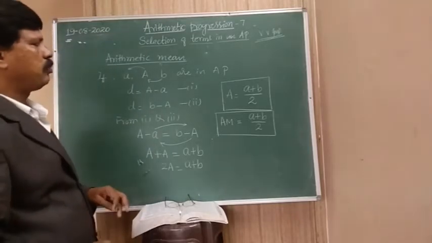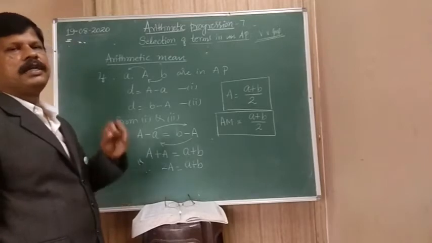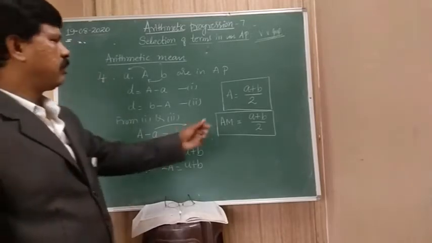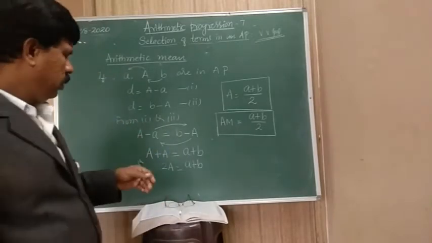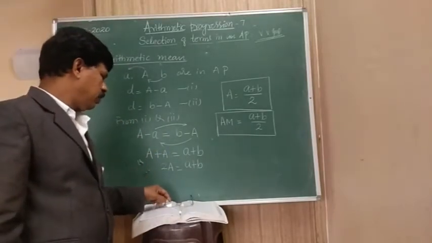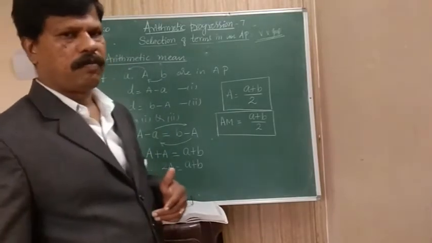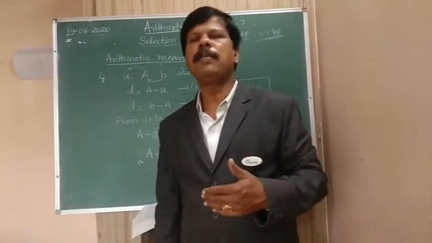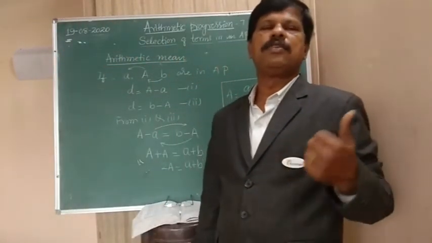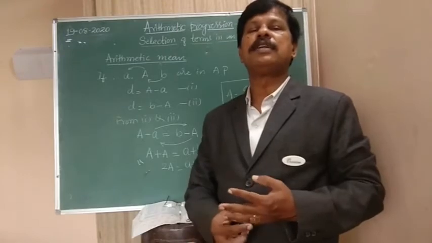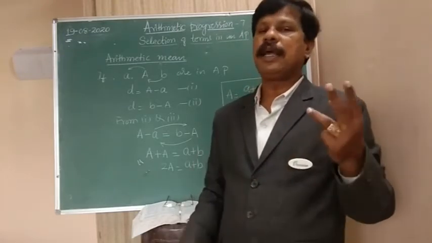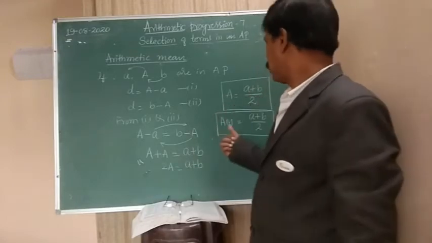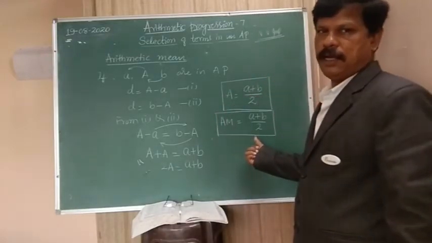That is the arithmetic mean of any two numbers, given by the formula (a plus b) by 2. You are familiar with this formula; you used it in 9th standard to find rational numbers between any two given numbers.